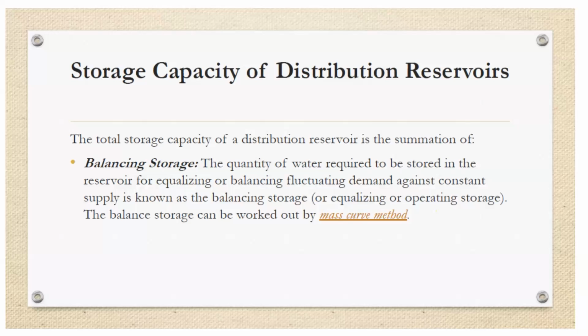Means the regular requirements stay as they are, whatever may be the population of that particular city. Suppose 10 lakh population, multiplied by the standard requirement of that city. Suppose 100 liters per capita per head is the requirement of Pandharpur city, and 10 lakh is the population.